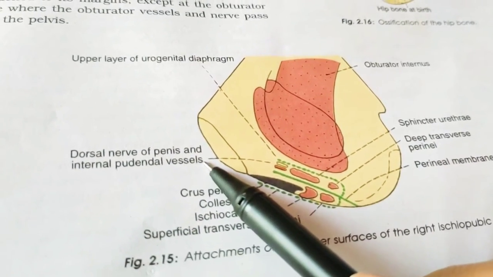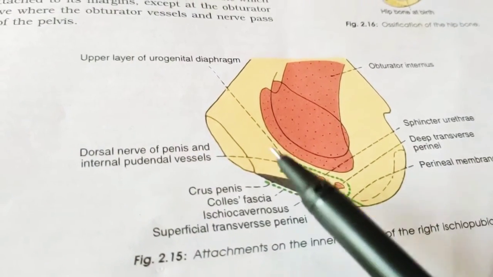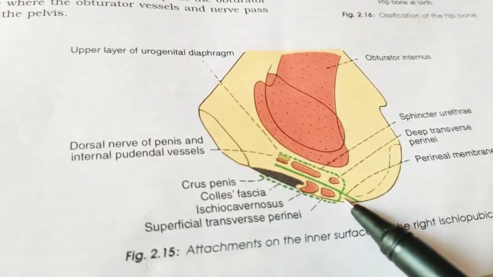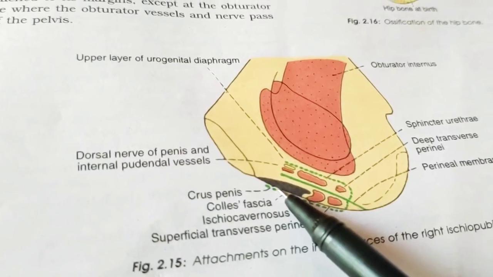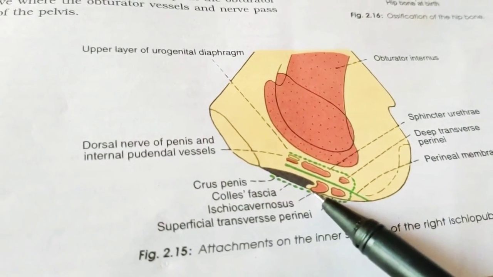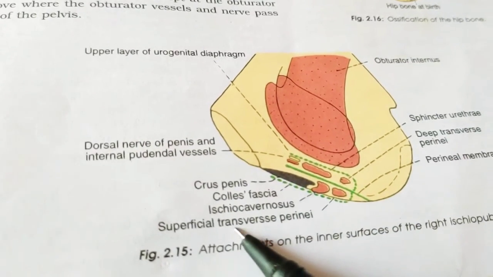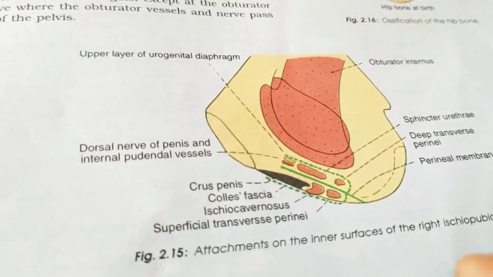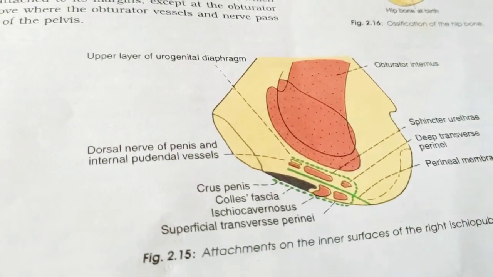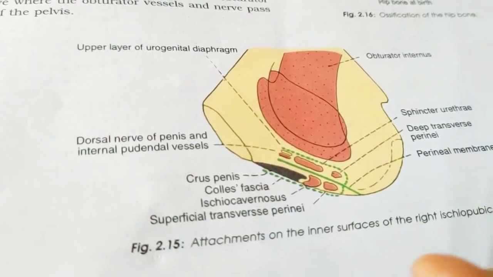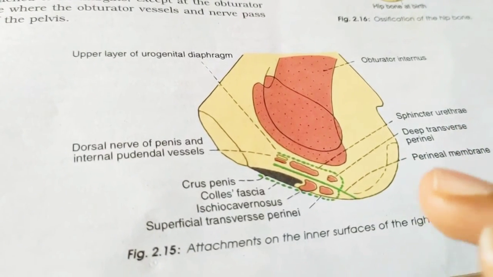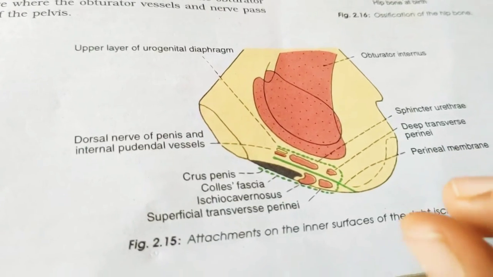Next, the lower area provides attachment to the crus of the penis and also gives origin to ischiocavernosus and the superficial transverse perineus. So this is all about the inner surface of the conjoint ramus, between the ramus of the ischium and the inferior ramus of the pubis, that is the ischiopubic ramus.